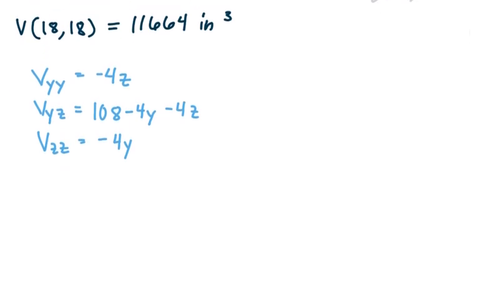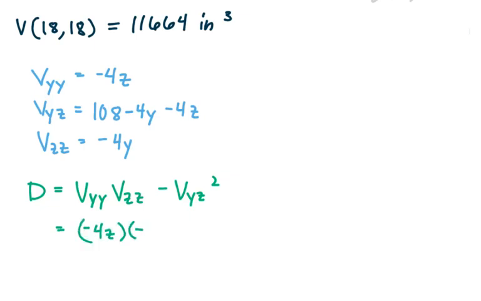So in order to make conclusions, we need our discriminant, and the discriminant is going to be VYY times VZZ minus VYZ squared, or rather -4z times -4y minus 108 minus 4y minus 4z, squared.